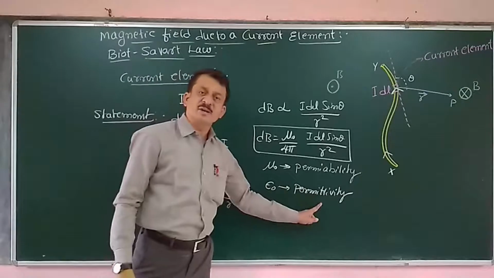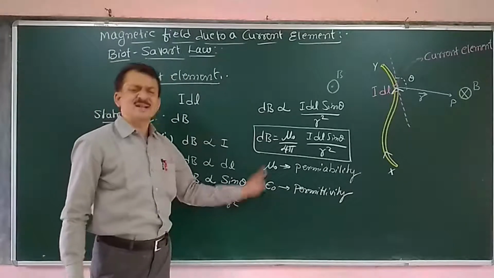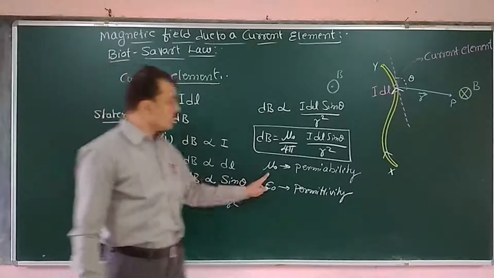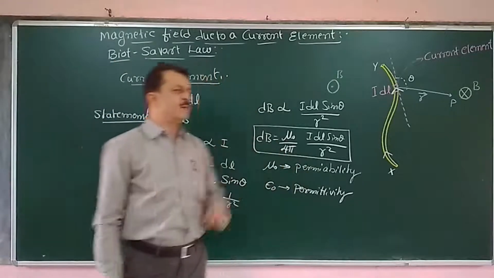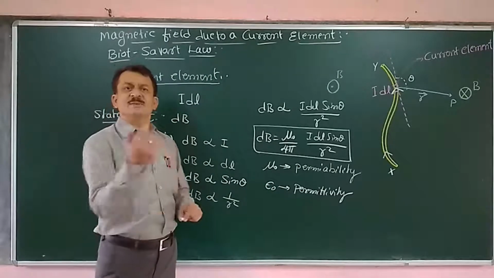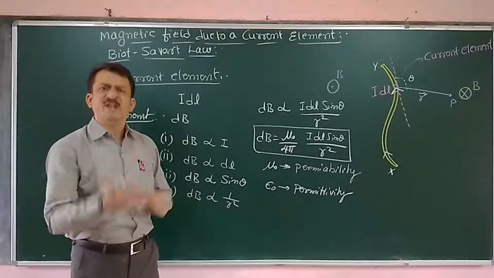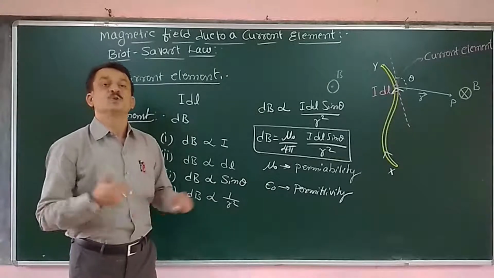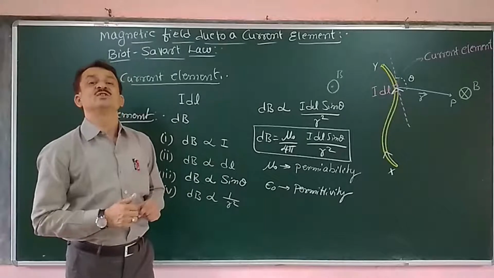Epsilon naught is permittivity in electrostatics. Now here, dealing with magnetism, mu naught is a constant of proportionality and it is called permeability. Now what is the meaning of this permeability? It is the ability of a medium to allow or to pass the magnetic field through it.